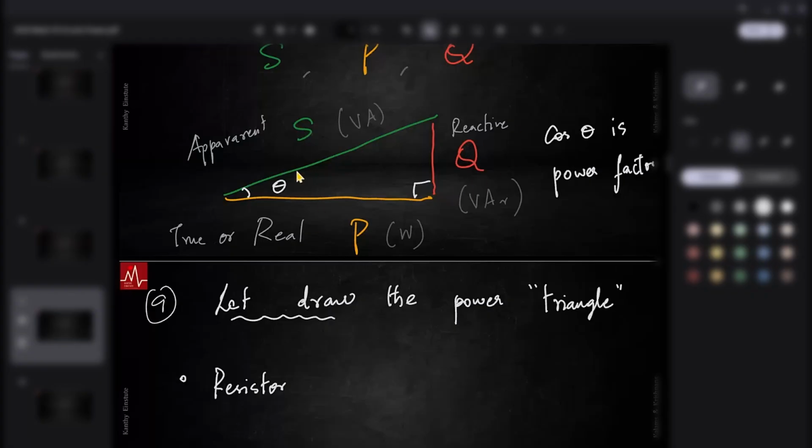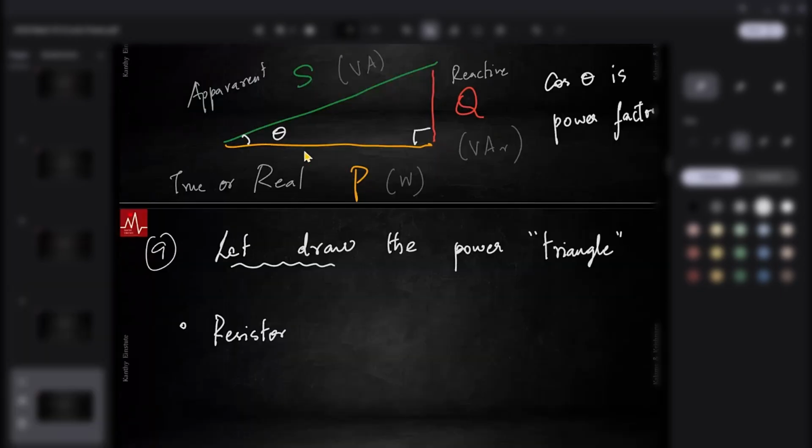S should equal P. Apparent, what you measure, what you show, everything is the same. For a resistor, it should look like this. Purely real.